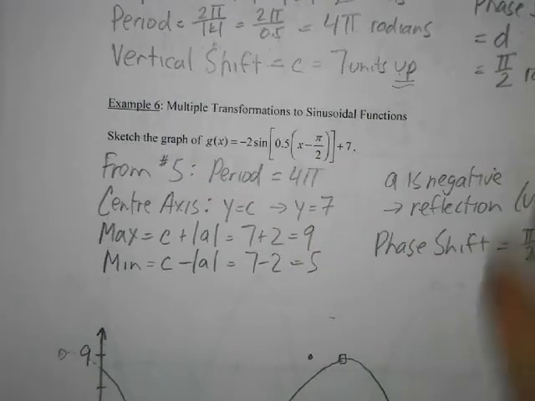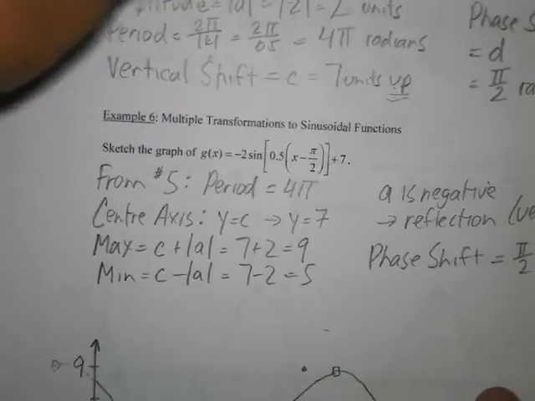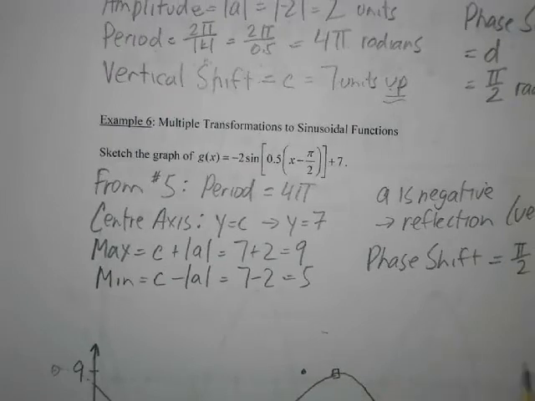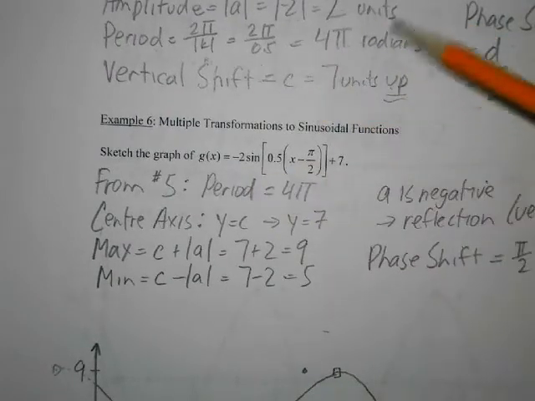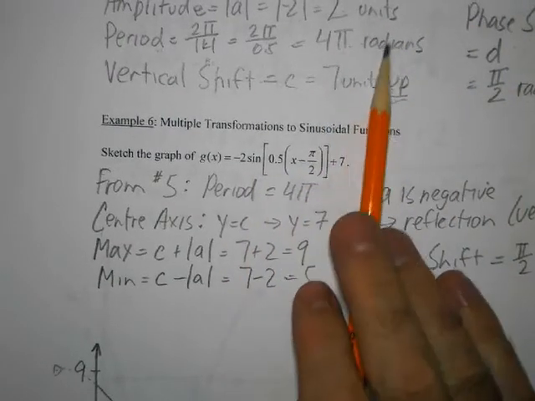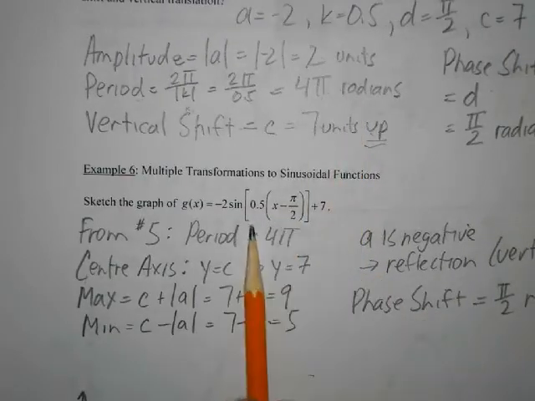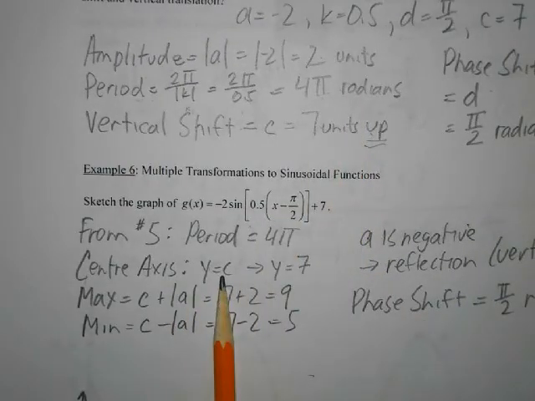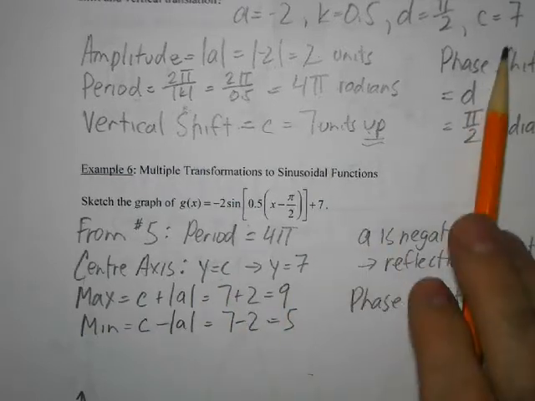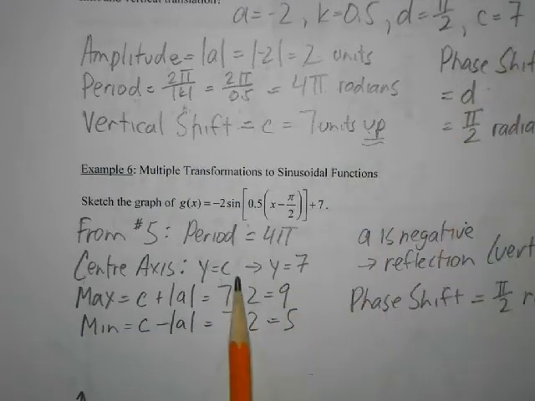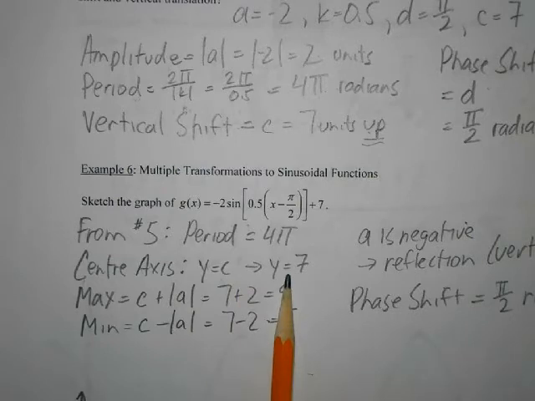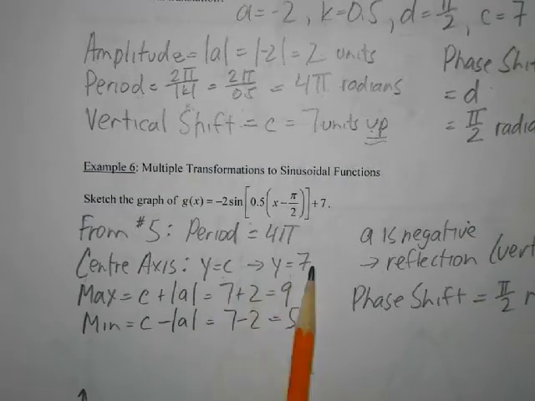I've got a pretty good strategy here for you, so pay attention. I'm already assuming we've got these values up here. We already know the period's 4 pi from above. The center axis is just the c value, so it's y equals 7. That's basically the horizontal line down the middle.